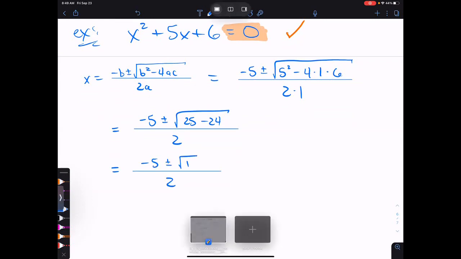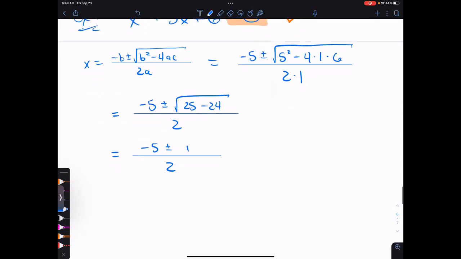And the square root of 1 is 1. Plus or minus means that there are really two things there, right? So I would probably go ahead and split these up.